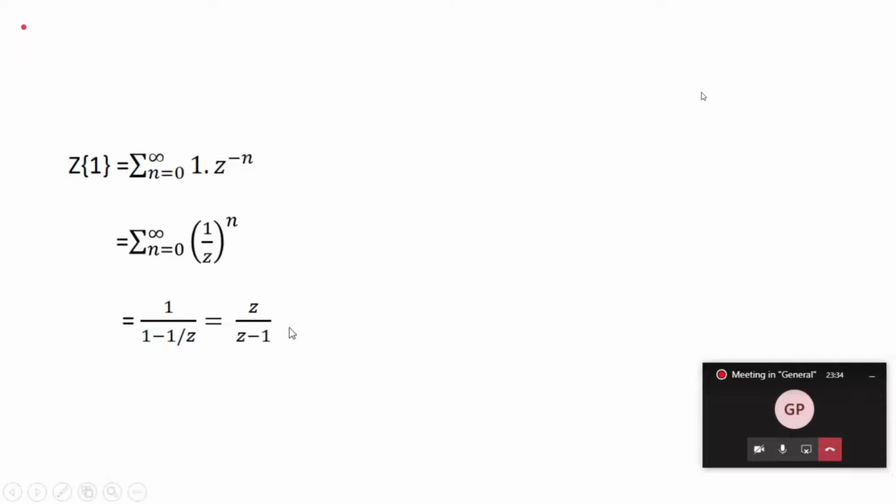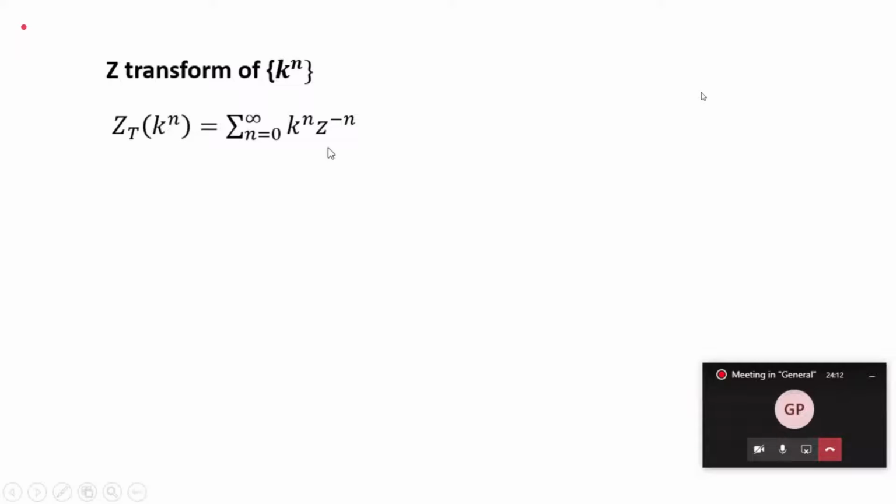What you get is z by z minus 1. So z transform of 1 is z by z minus 1. So you are expected to remember the transforms of these standard functions. I hope you are done with z transform of 1.